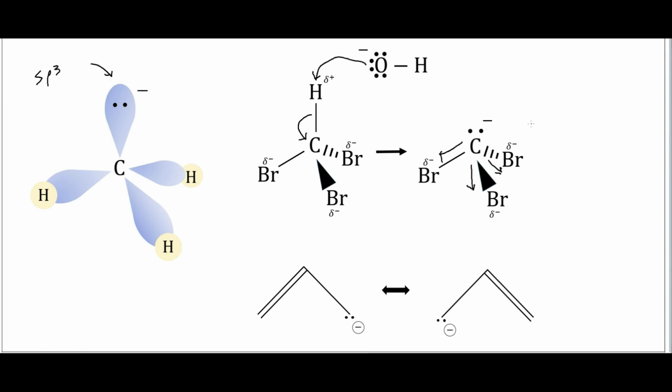But again, this is stabilized compared to, so if we just had like a CH like this, so if we just had CHs on here and we put this negative charge on here, this is going to be a lot less stable than this, and so it's going to be a lot less likely to form, which is why we usually don't think of methane as being an acid.